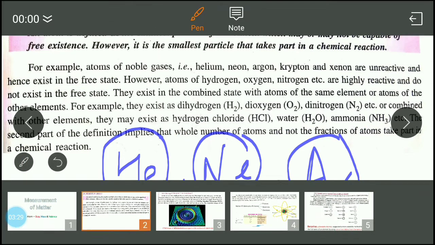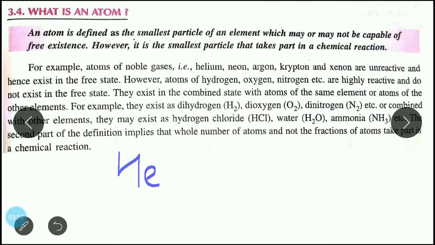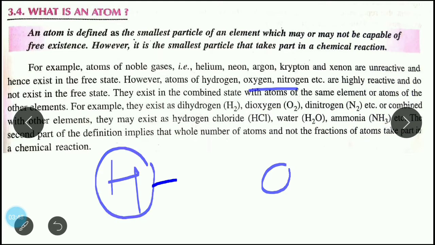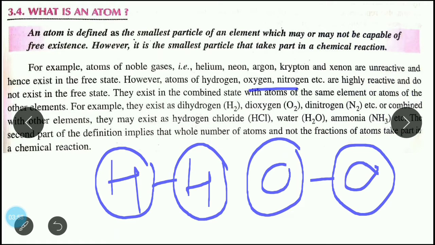While the others are highly reactive. And what is highly reactive? Like hydrogen, oxygen, and nitrogen. They don't exist individually. Hydrogen always needs one more hydrogen atom together, and oxygen needs one more oxygen atom, then they can exist. So this makes it H2, O2, N2.